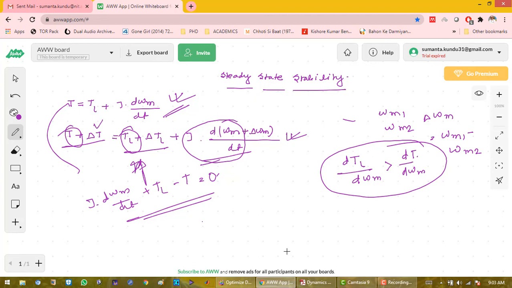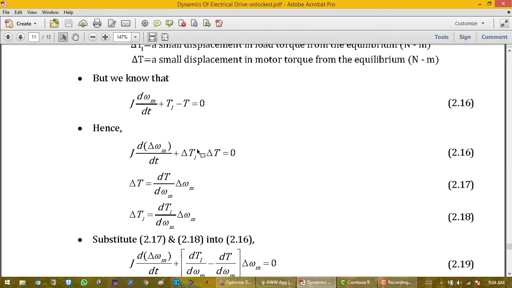ΔT, ΔT_L and J d(Δω_m)/dt. So this is my leftover. So J d(Δω_m)/dt plus ΔT_L minus ΔT is also equal to 0, that is what I have said.